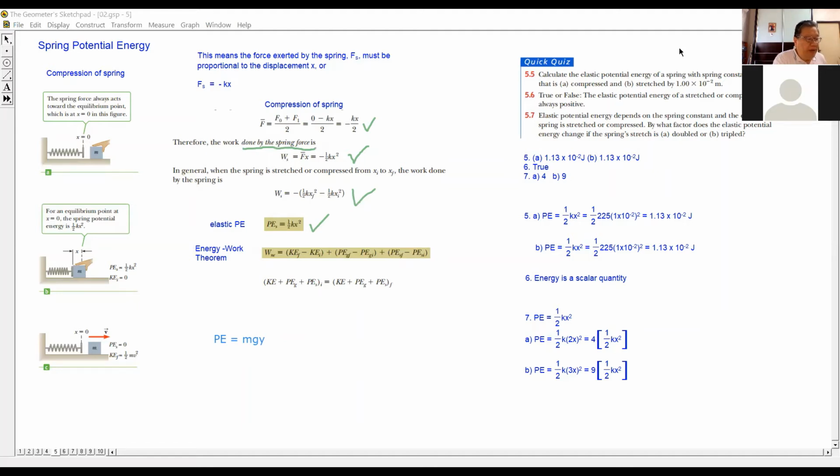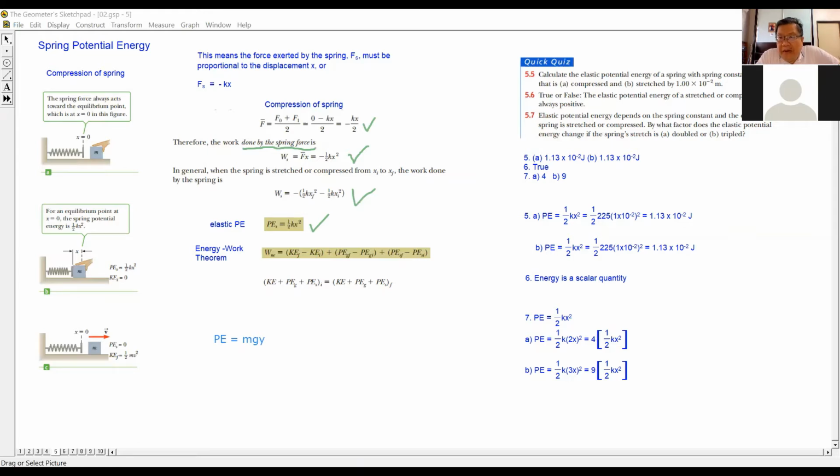Okay, so now there is a spring, and this spring has a spring constant k of value 225 Newton per meter. That means if you are going to stretch it by 1 meter, you need to use 225 newtons. So this is the spring constant.